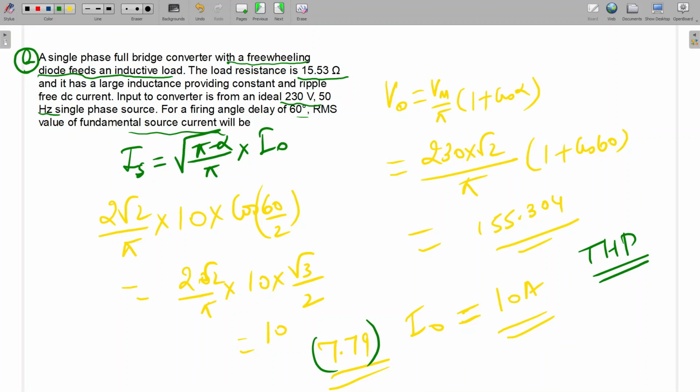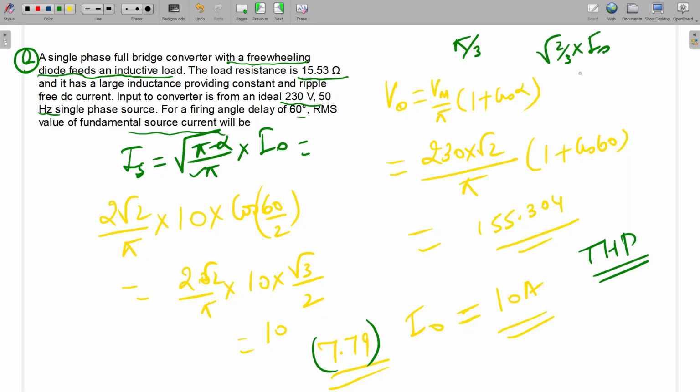Alpha is 60 degree, which is pi by 3. So pi minus pi by 3.